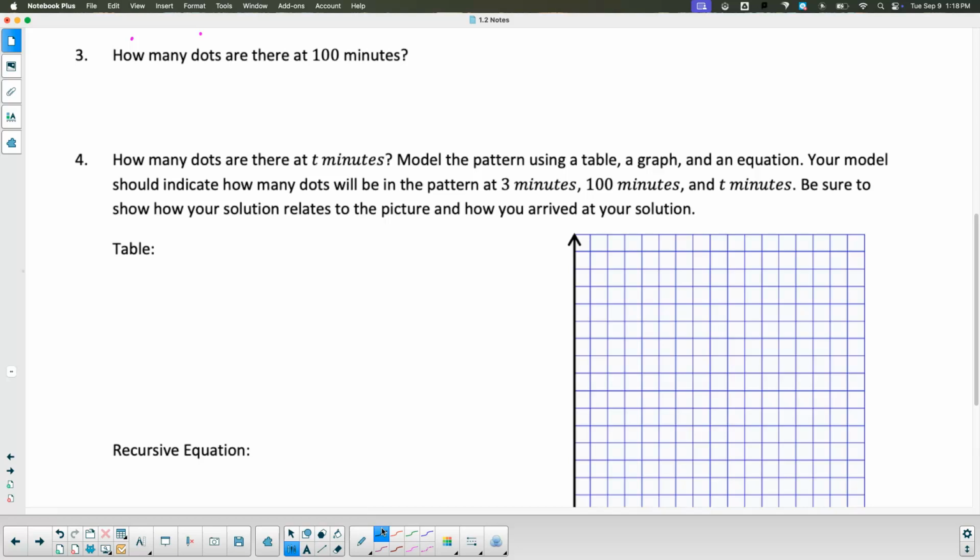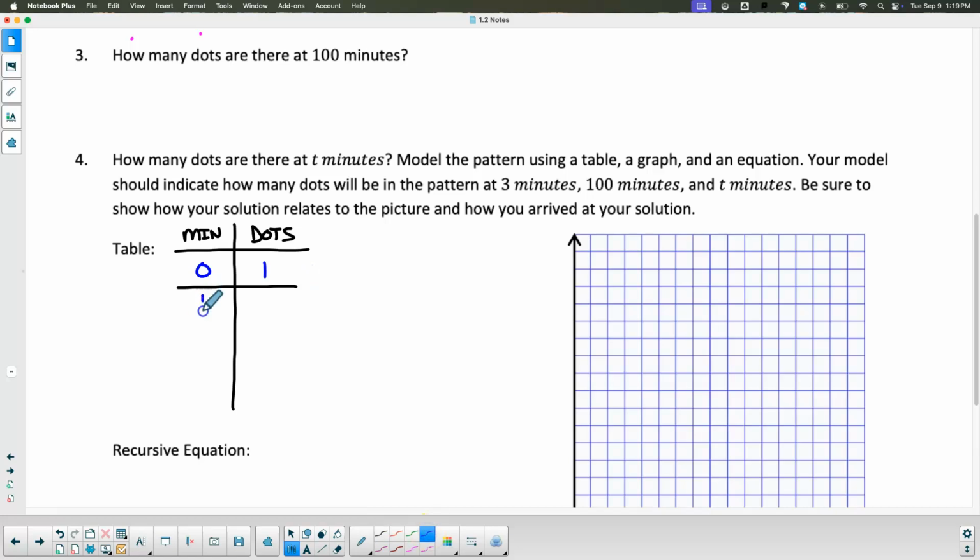A vertical table is kind of like a T-chart, where in this case you've got minutes and dots. So we started out with, at 0 minutes, 1 dot.